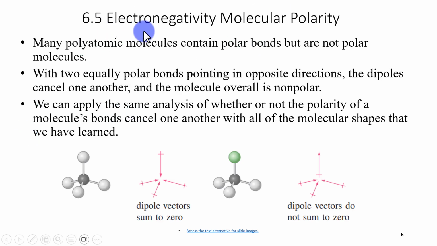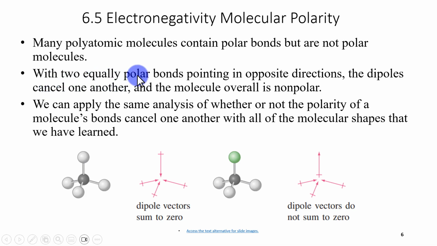Moving on to electronegativity and molecular polarity. Now, we can have molecules that are polyatomic that contain polar bonds. So if I'm looking at just the bond between two of the atoms in that molecule, it can be polar, but the molecules themselves are not polar molecules.